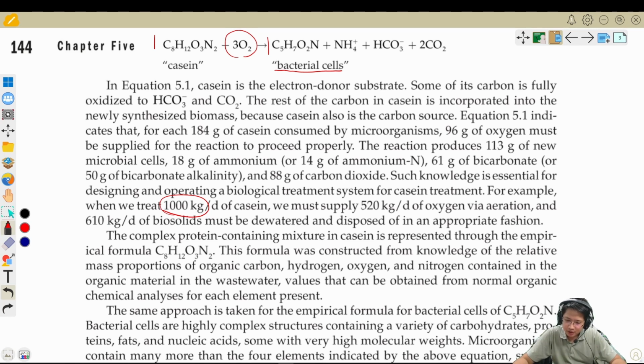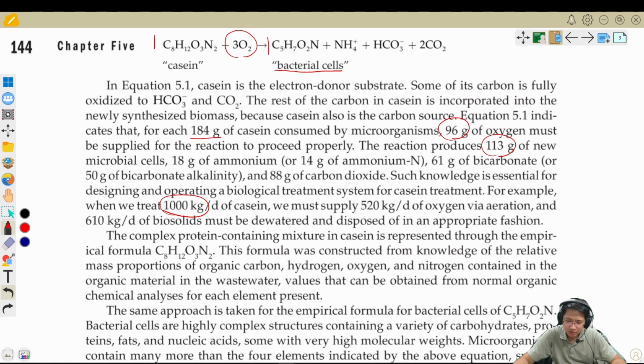For example, for every 184 grams of casein consumed, you will require 96 grams of oxygen and generate about 113 grams of new microbial cells.